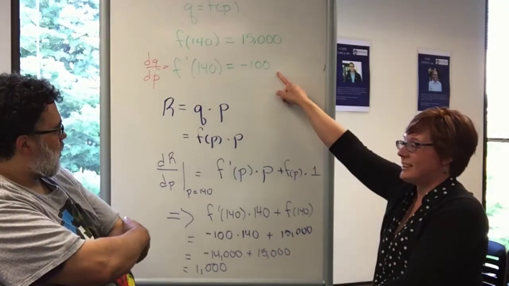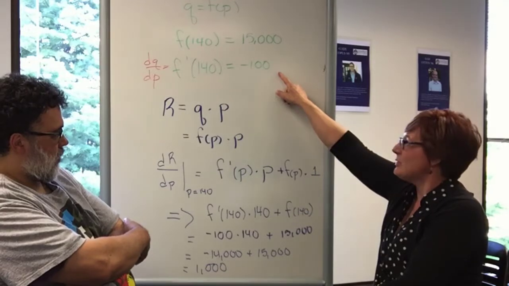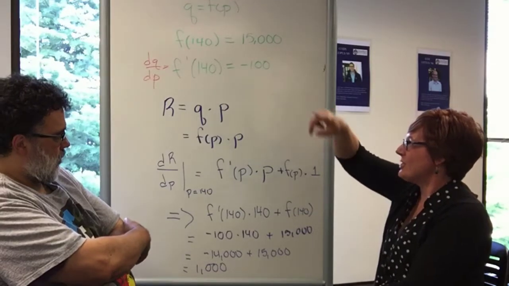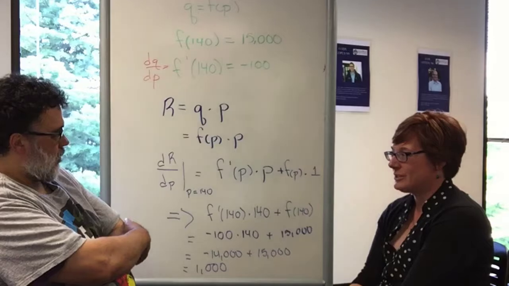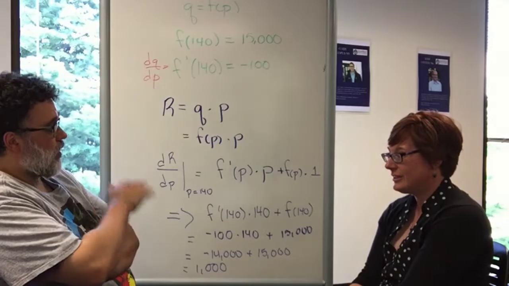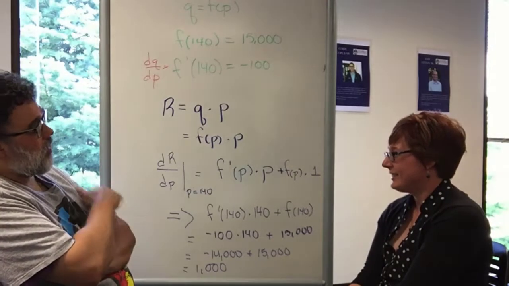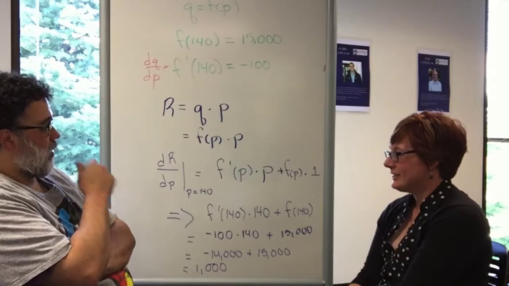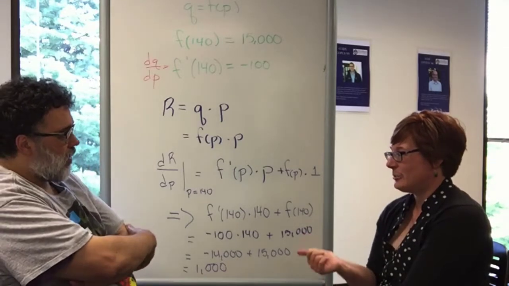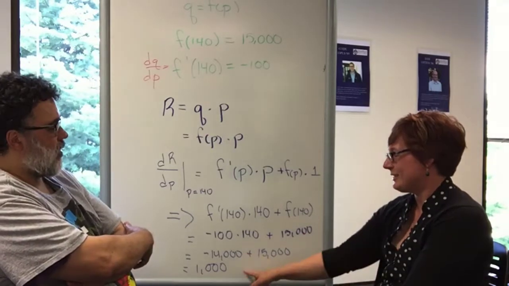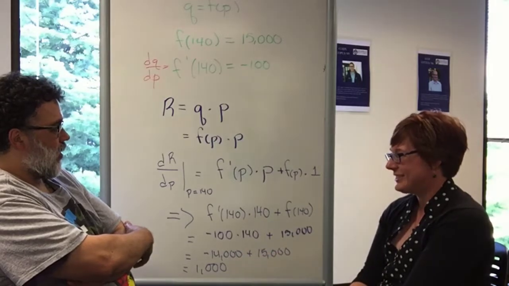If you think about it, you might think, well, but the rate of change of my quantity function was negative, so you're selling fewer skateboards. But you're still making more money, because I'm selling fewer skateboards at a higher price, and that still allows me to make more money, which is interesting.